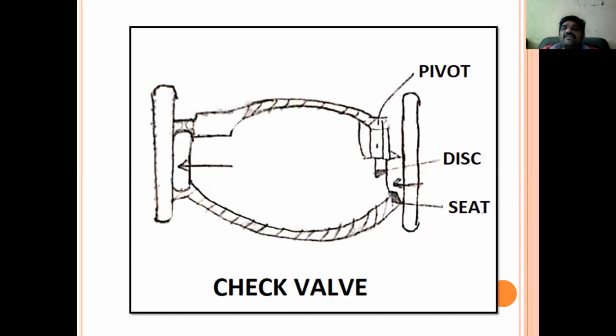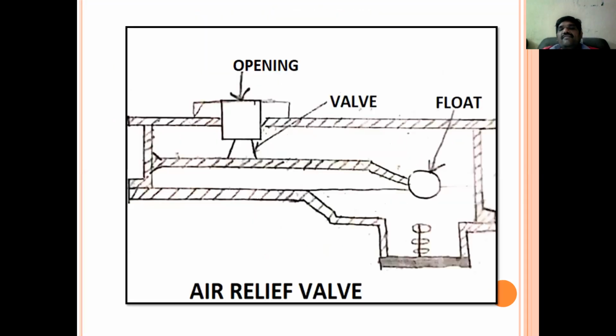Check valves are kept in the pipes, and with the help of a metallic disc, we can control the flow. In the air relief valve, in this closed iron chamber, the floated valve plays a vital role, and on opening, it simply moves downwards and the air will be released.